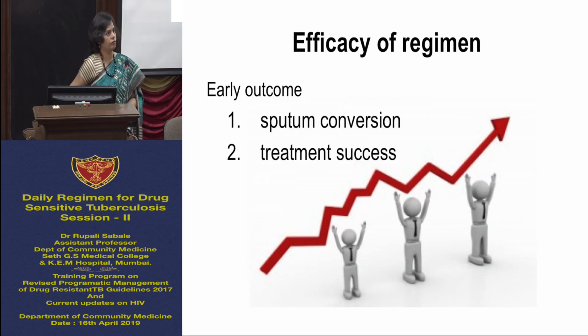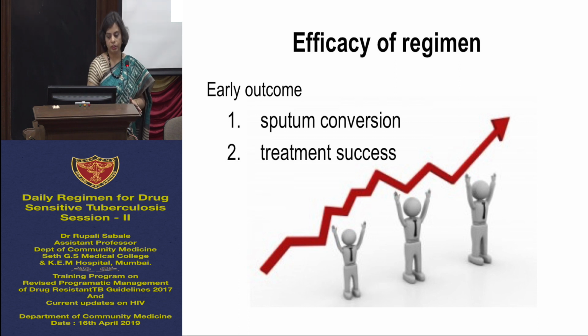Coming to efficacy of the regimen. Any regimen when we start, we always think about the efficacy of that TB regimen. For example, in hypertension we see whether the BP is controlled or not. Similarly in TB, when we give a TB regimen, we want to see whether it is fulfilling our goal or not. The efficacy of a regimen in tuberculosis can be assessed as early outcomes and late outcomes.